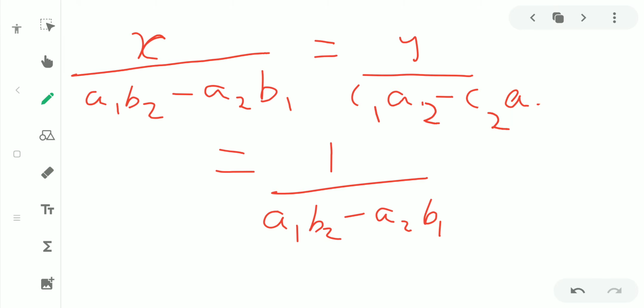C1 into A2 by C minus C2 into A1. Friends, sorry for that wrong information. So we should do now C1 into A2 minus C2 into A1.